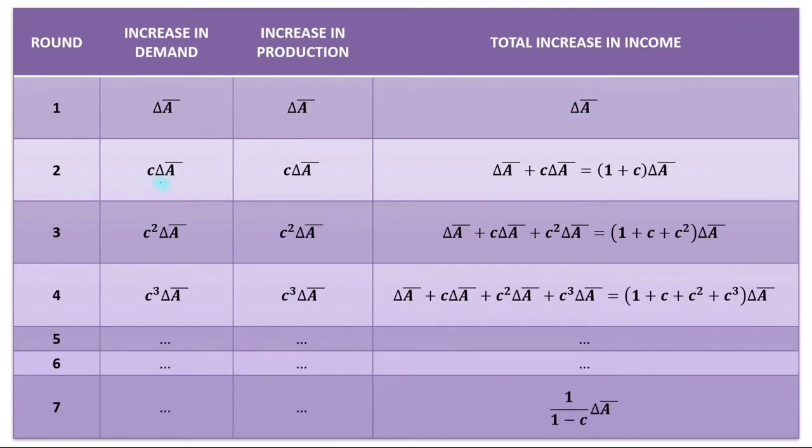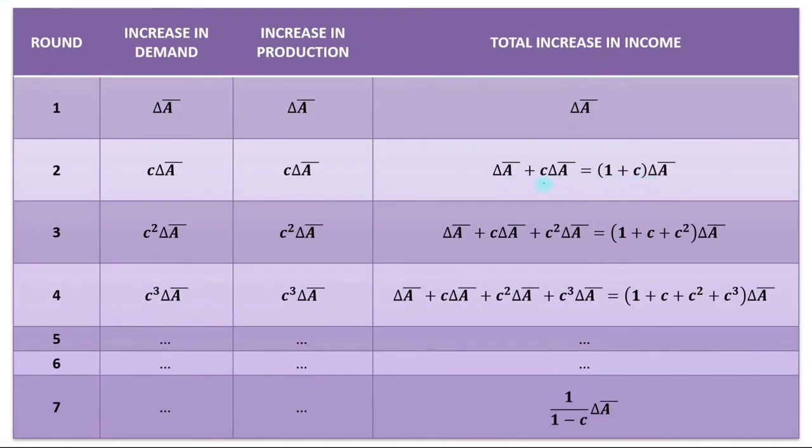Consumption will rise by MPC times change in A bar, which leads to an increase in aggregate demand. This increase in demand will be matched by an increase in production. So the total increase in these two rounds is change in A bar plus MPC change in A bar.